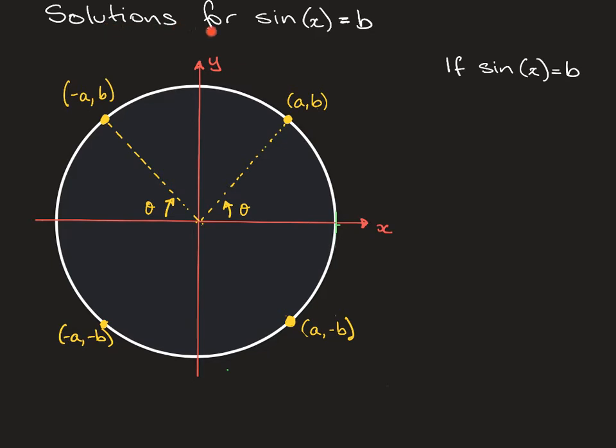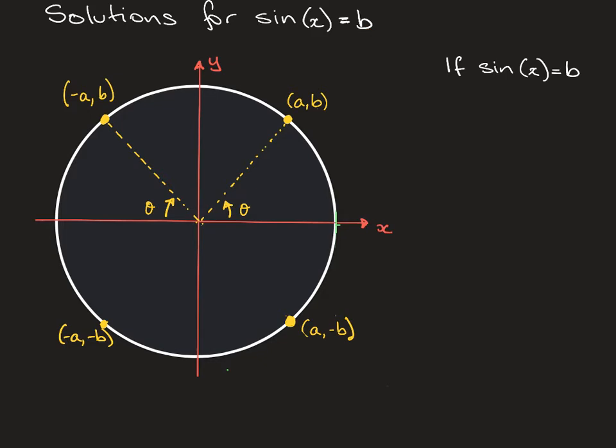If we're looking for solutions that involve sine, basically what we do is we rearrange the equation so we've got sine of something is equal to some value. This will be a positive or negative value. Let's just work with the positive one for the minute.